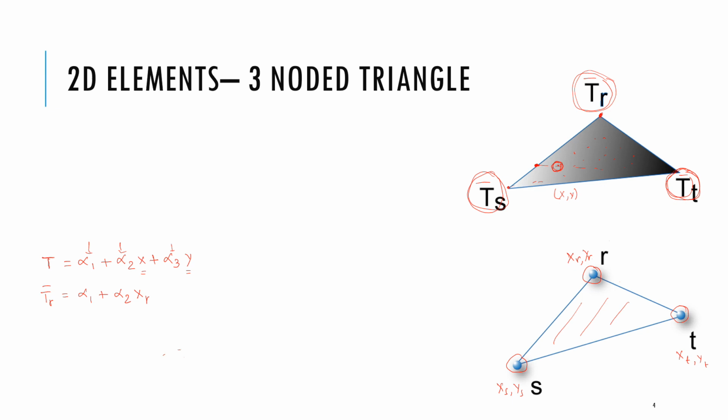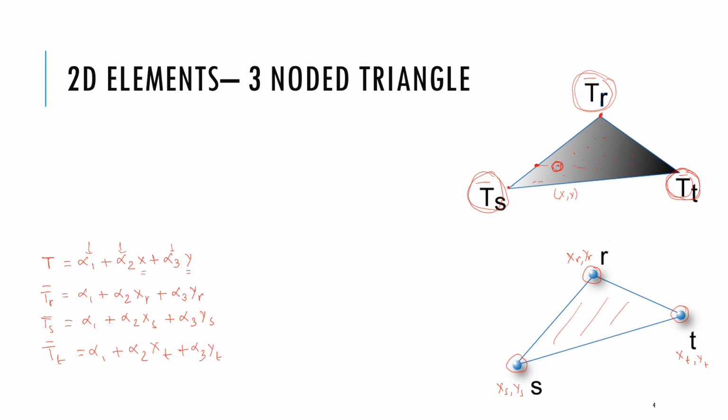So for R, I can write alpha 2 XR plus alpha 3 YR. Likewise, TS bar is equal to alpha 1 plus alpha 2 XS plus alpha 3 YS, and TT bar is equal to alpha 1 plus alpha 2 XT plus alpha 3 YT.